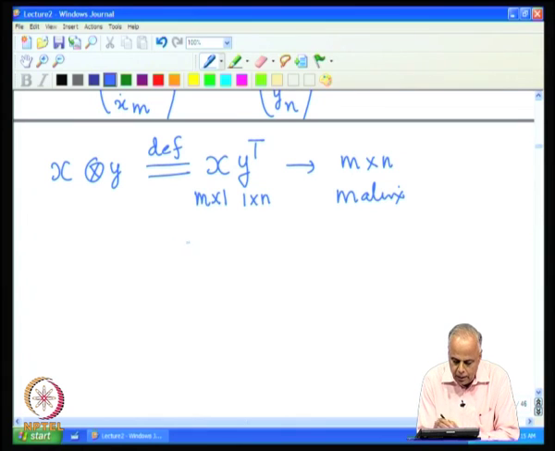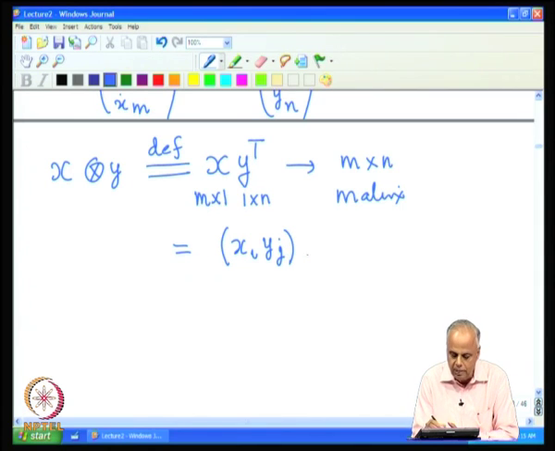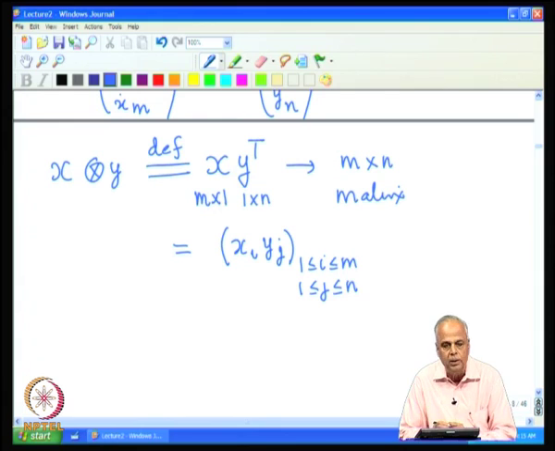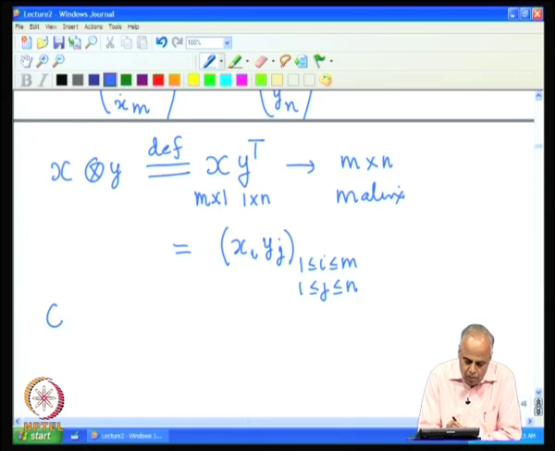This is a matrix whose ijth entry is xi yj. So, this is a matrix whose entry in the ith row and the jth column is precisely the product of xi and yj.